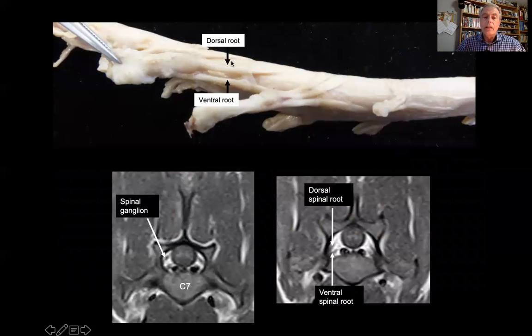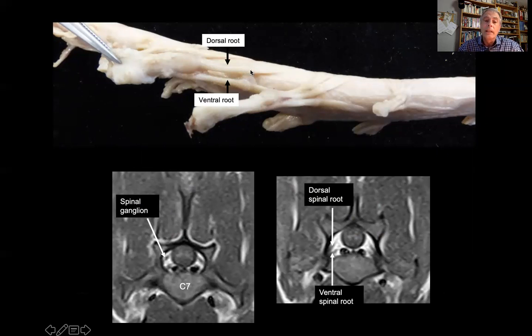So this image is very important to identify what I have said before, that the dura mater and the underlying arachnoid are forming a single sleeve for the spinal cord and for the roots of the spinal nerves.